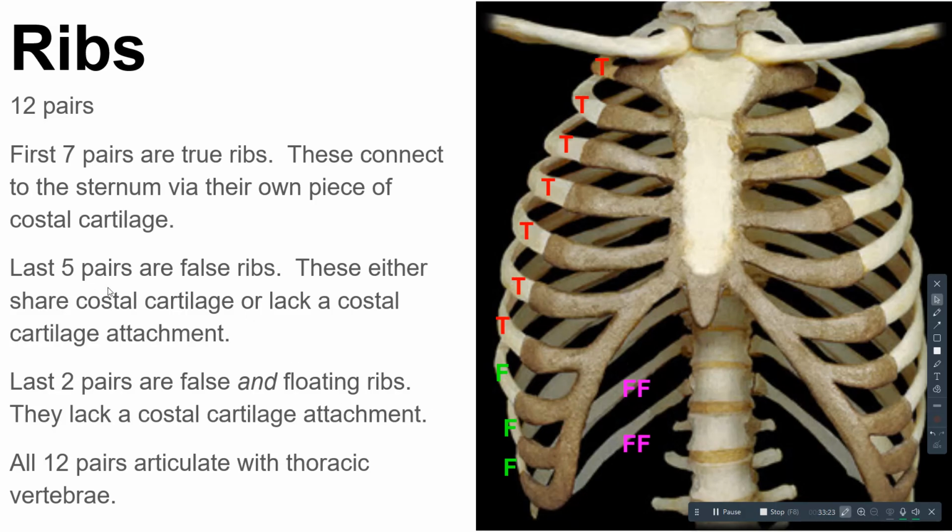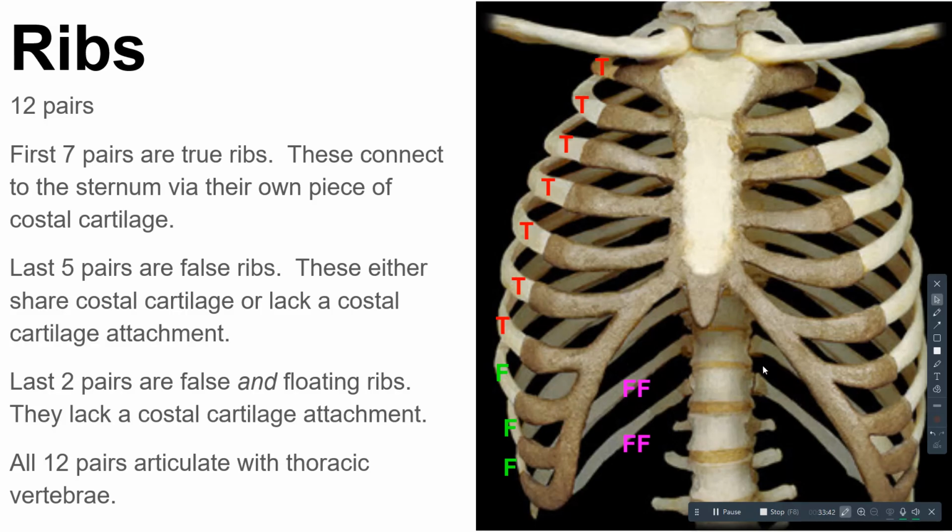So my last 5 pairs are false. My last 2 are not only false, they're also said to be floating because they don't have any cartilage in the front. And all 12 articulate posteriorly with my thoracic vertebrae.